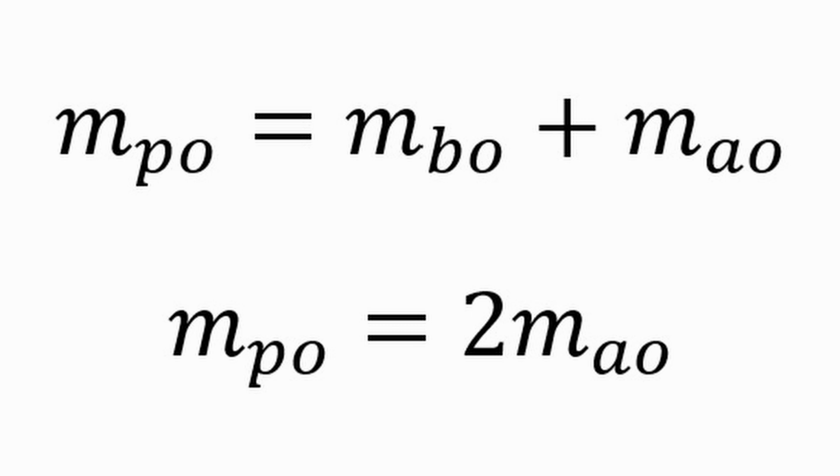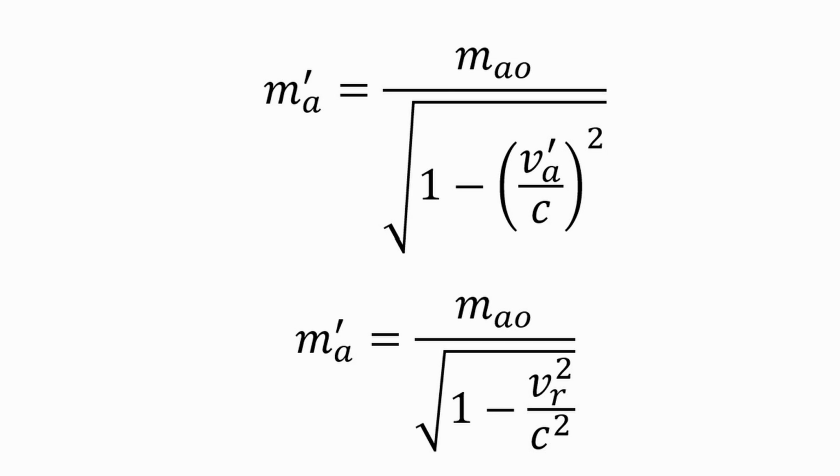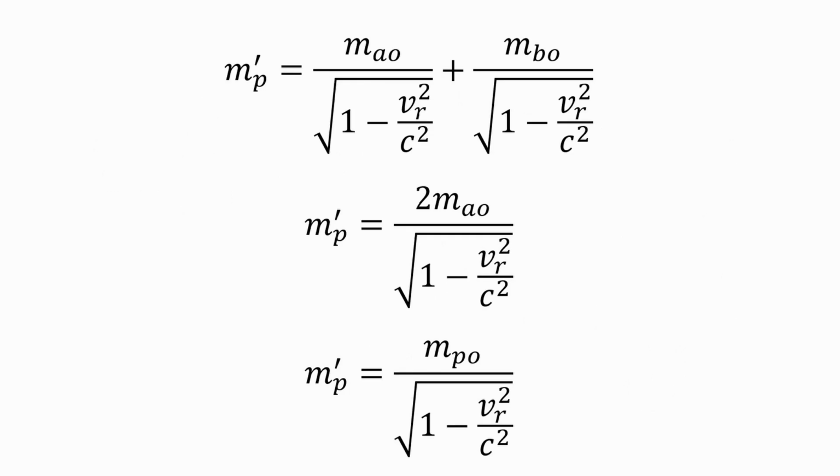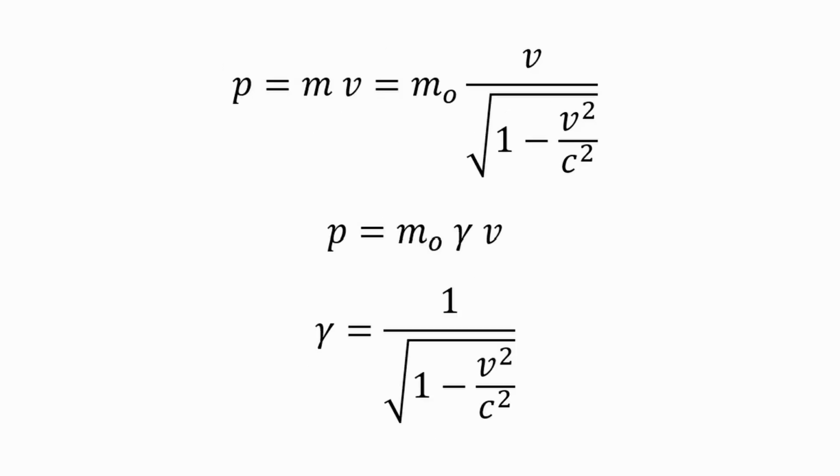In S prime we have for particle A, and for particle B we have, and for the original particle before the split we have. Finally, the linear momentum can be written as.